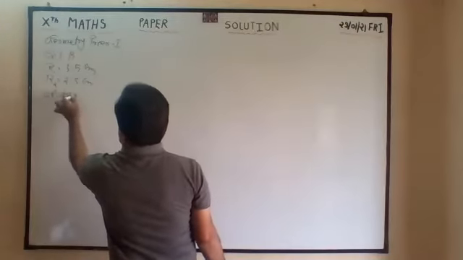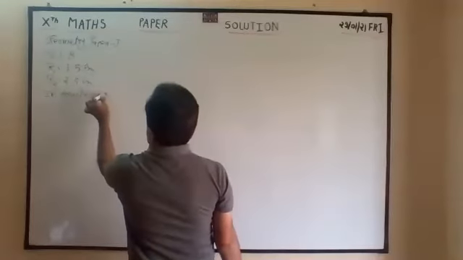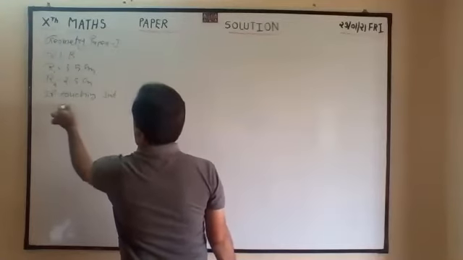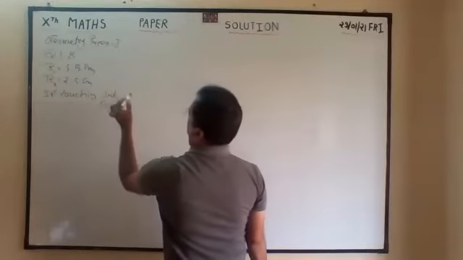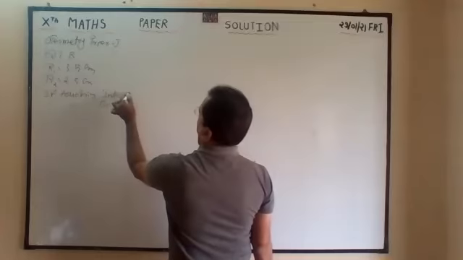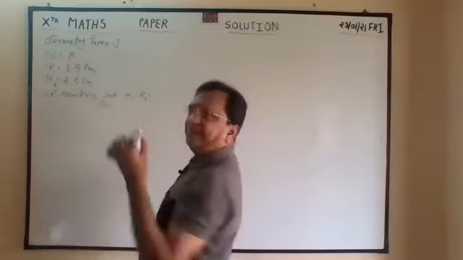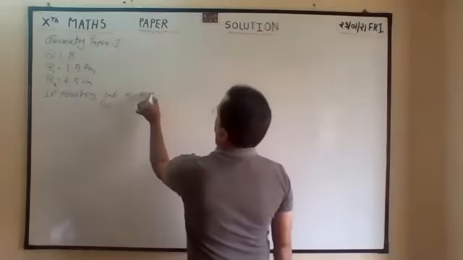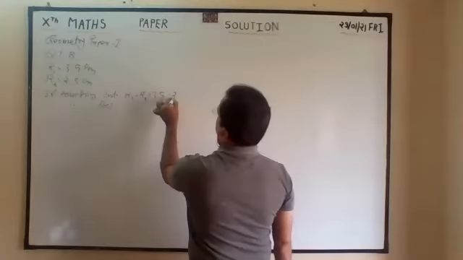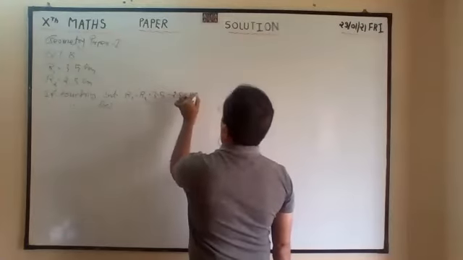If touching internally, if touching externally. Internally, R1 minus R2, bigger radius minus smaller radius: 3.5 minus 2.5 is equal to 1 centimeter.